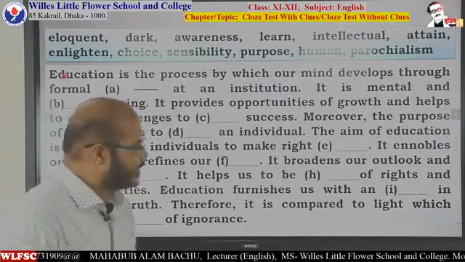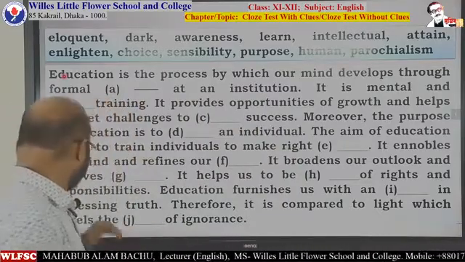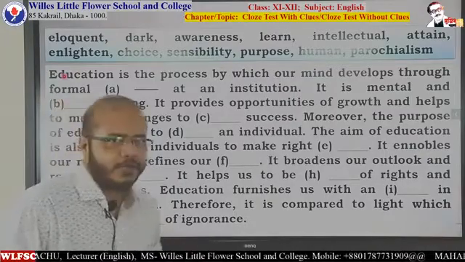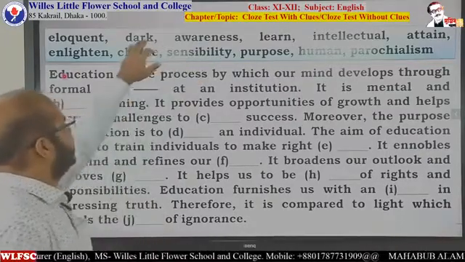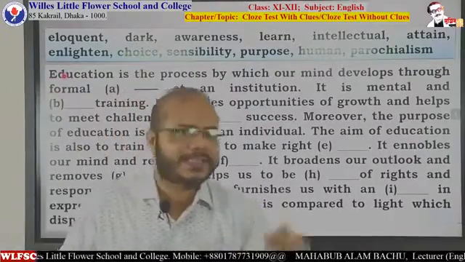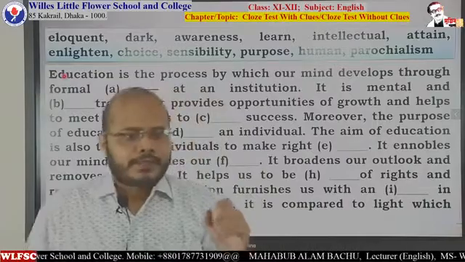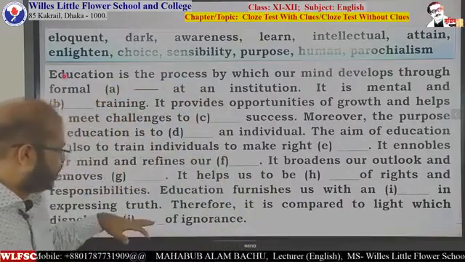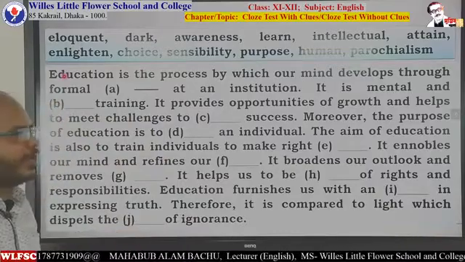Therefore, it is compared to light, which dispels the darkness of ignorance. So you see dark is a noun form. At the same time, it is also an adjective form. But here it will be very good if you write the word darkness of ignorance.